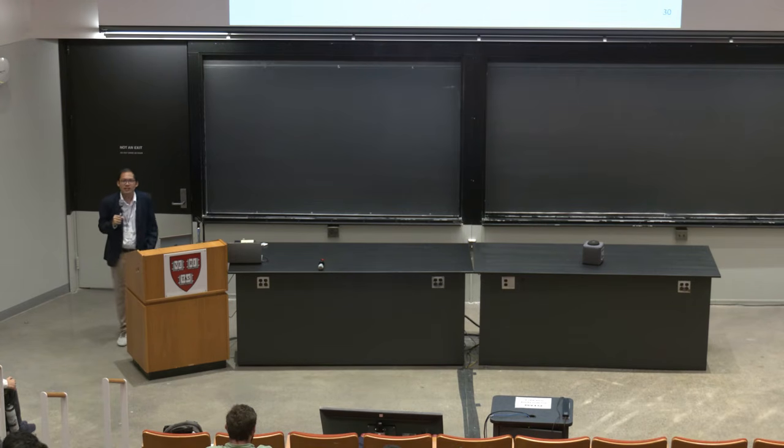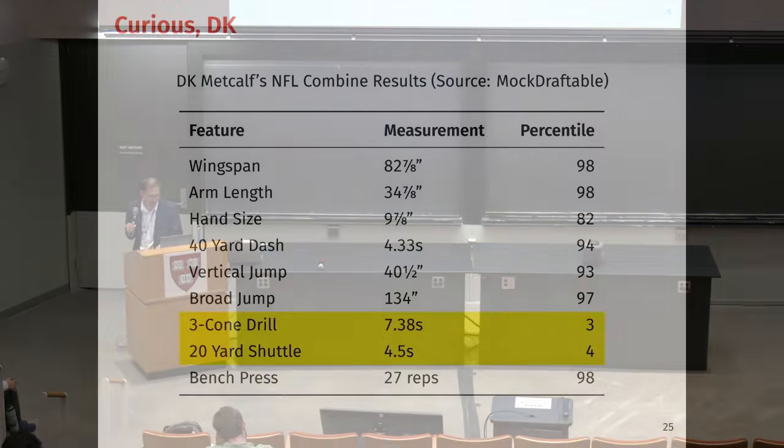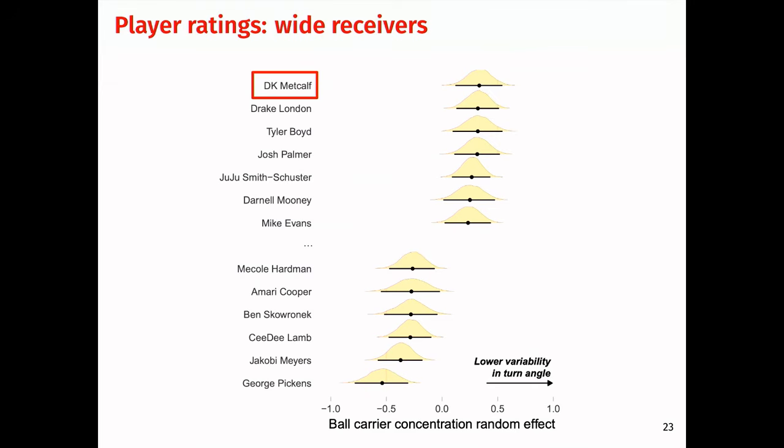Great talk. My question is kind of similar. Can you go to the receiver slide for a second? There you go. I'm thinking the type of route that a receiver runs might have a big dependence on how they move after the catch. For example, when AJ Brown was on the Titans, that offense consisted of a lot of 15-yard in-breakers to AJ Brown.